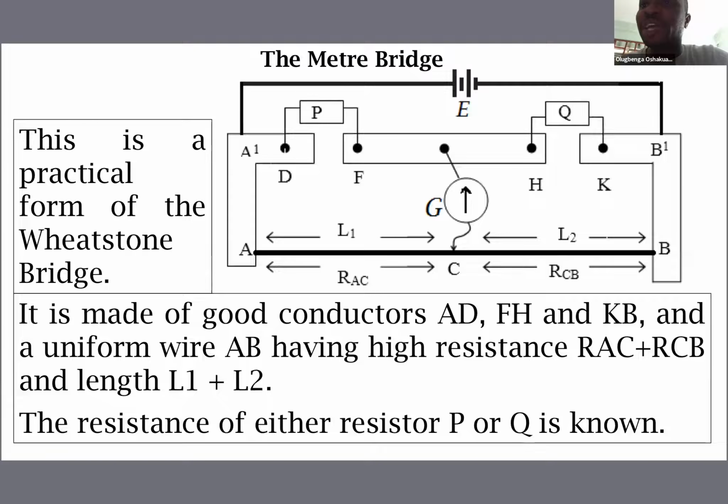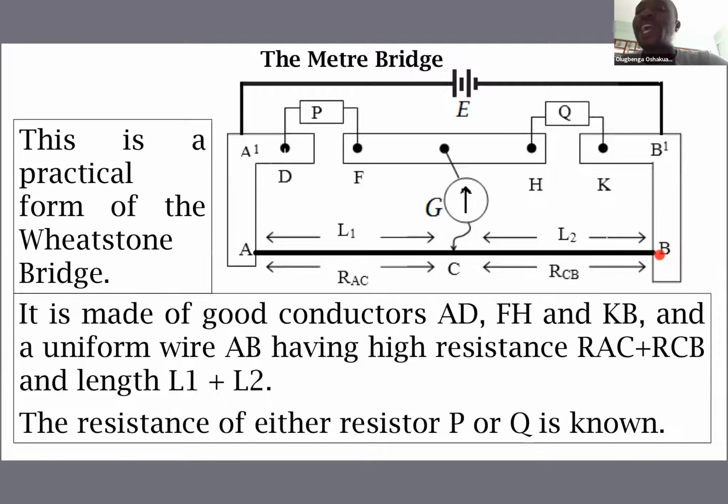Just like we have resistors P, Q, R, and X in the Wheatstone bridge, we also have, in this case, a metal conductor. So this is not a resistor. F to H is a metal conductor. K to B is a metal conductor.